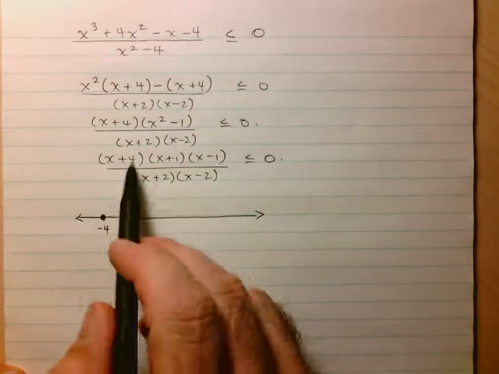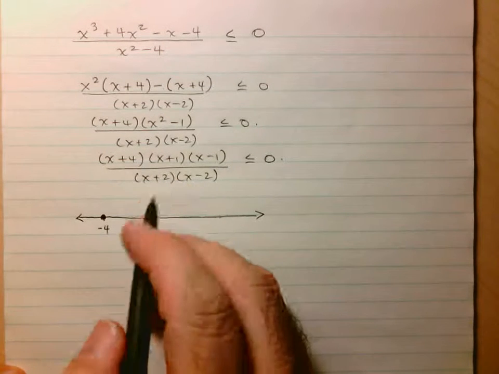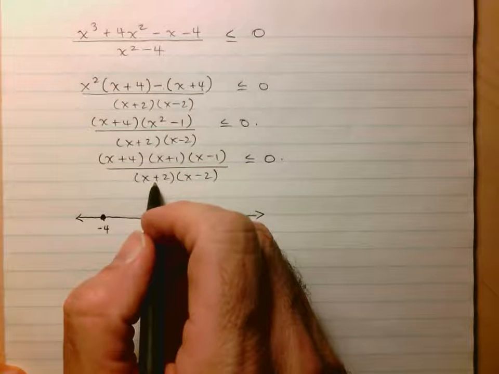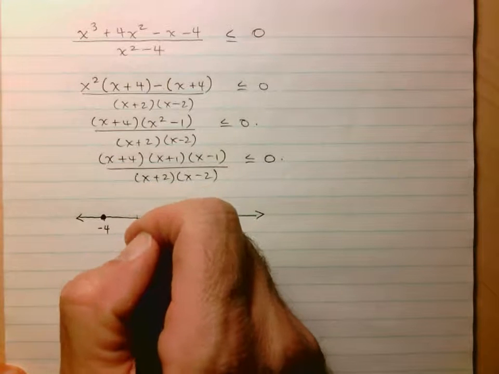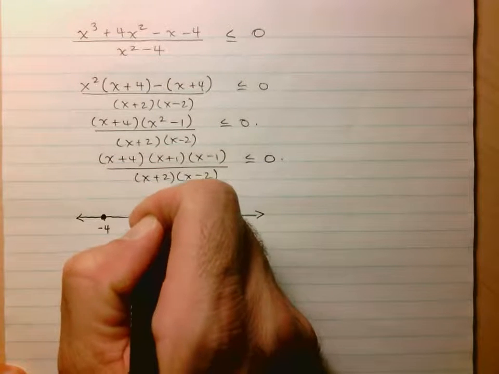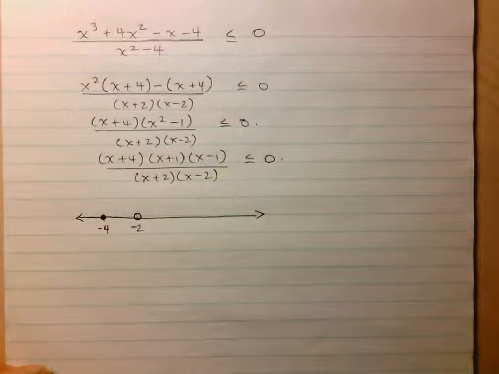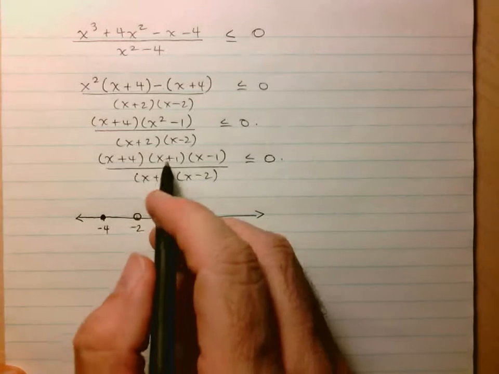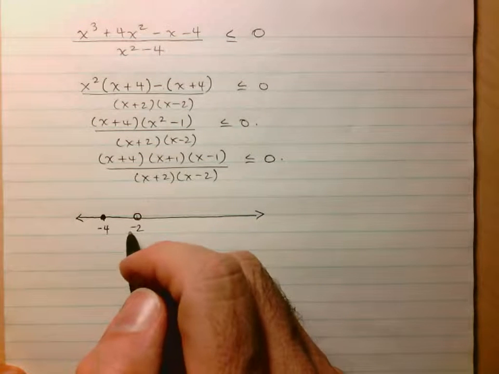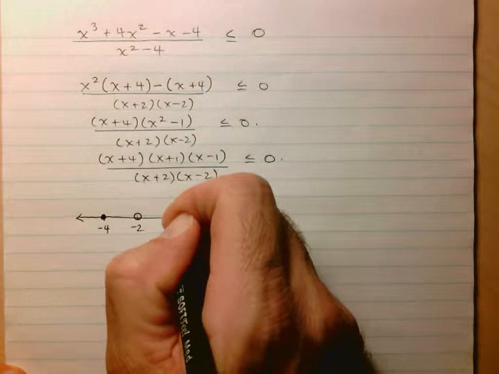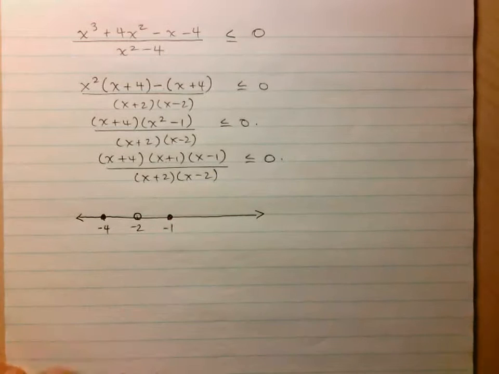As I go to the next one, negative 2, that represents a vertical asymptote, so the function's not defined at negative 2. At negative 2, I'm going to right away put in an open circle to remind myself not to include it in my solution. Next we've got negative 1, which is a 0, so I do include negative 1, with a closed circle.